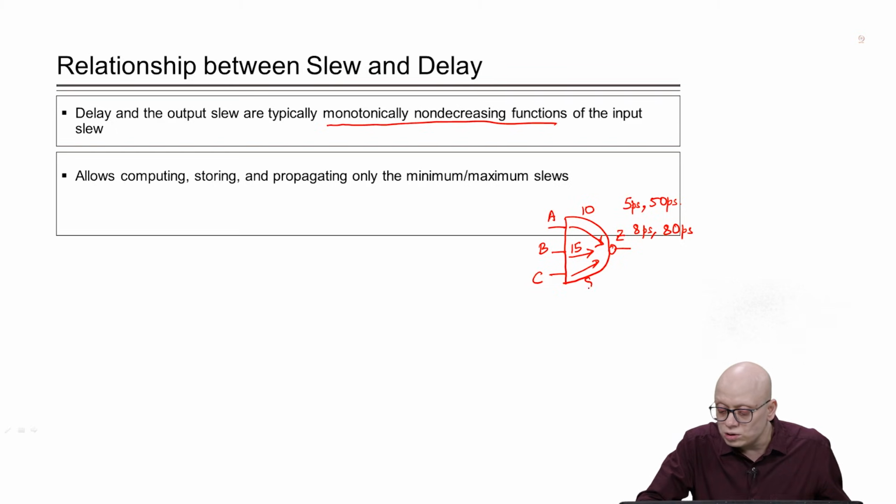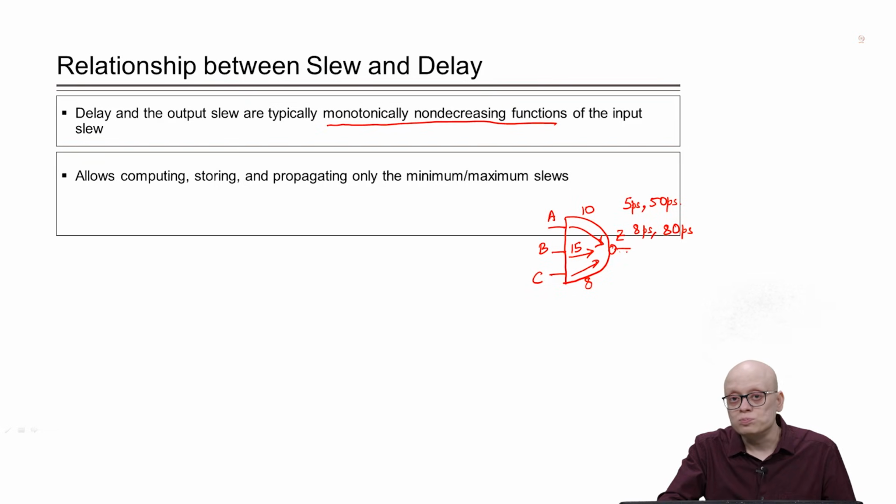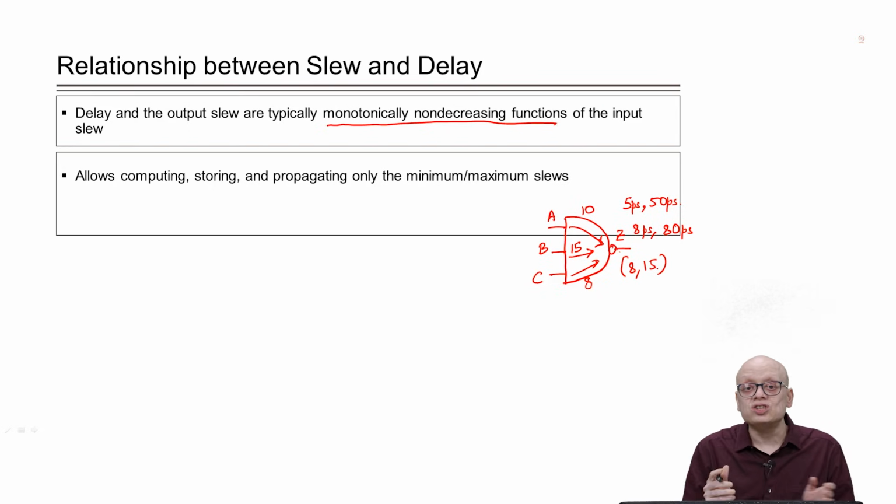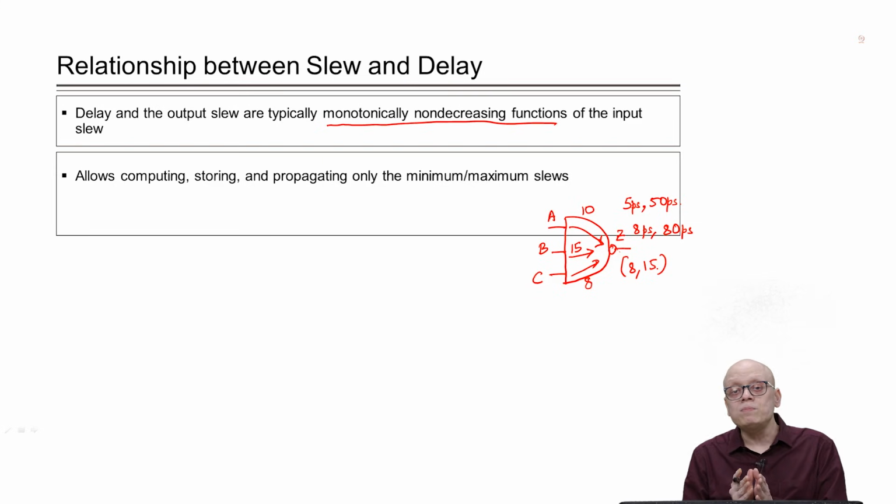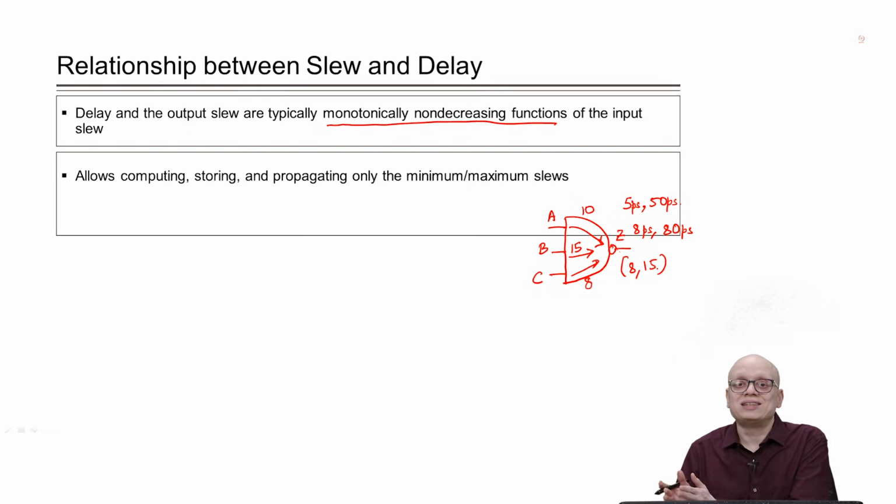So, rather than storing all three values, we can just store the maximum and minimum slew at the output Z. We will store only the minimum, that is 8, and the maximum, which is 15, and by just storing the minimum and maximum output slew at an output pin or at a vertex in a timing graph, we can ensure that the bound on the delay can be computed in the subsequent stages.